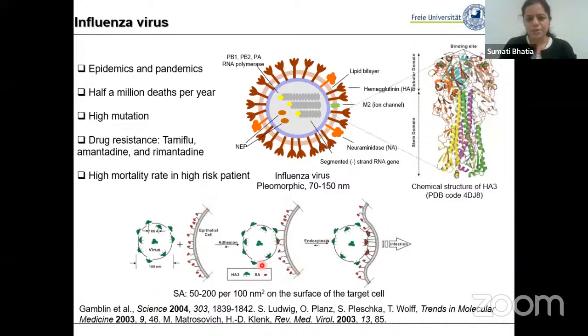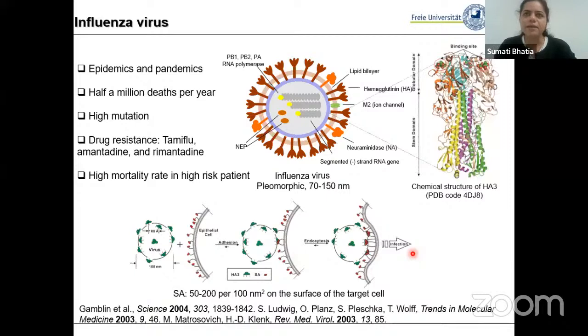So the first step is the adhesion: the virus first rolls on the cell surface, and then it finds a position where it can bind strongly by multivalent interactions, and then it goes into the cell by endocytosis, and then the infection starts. So we can consider this adhesion as the first step of infection.